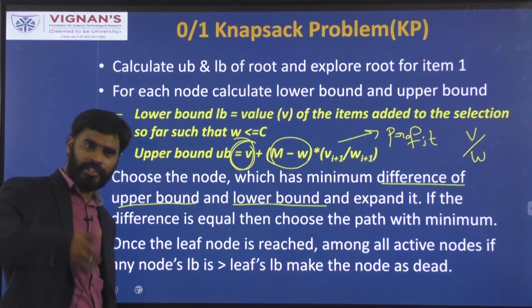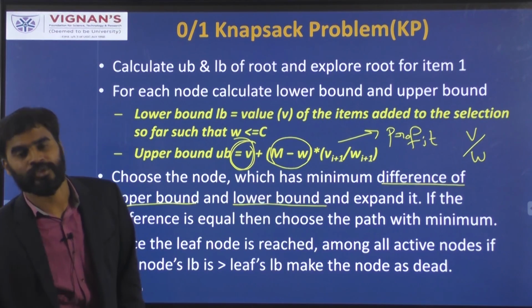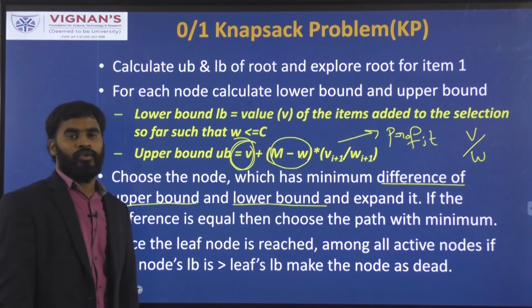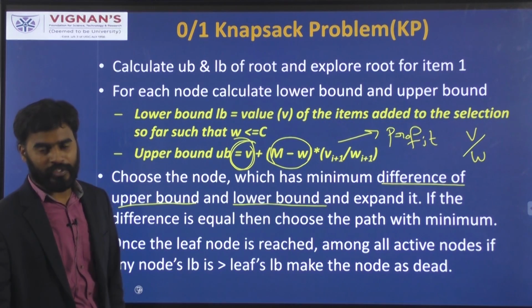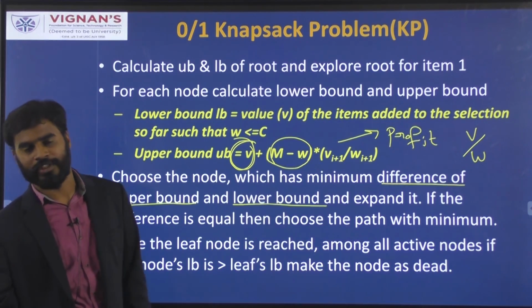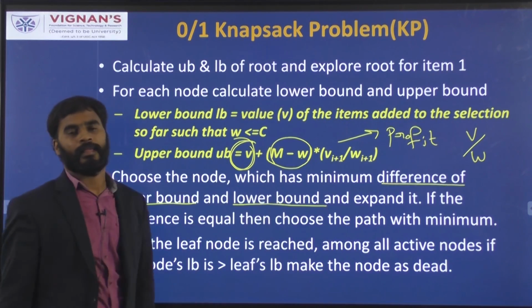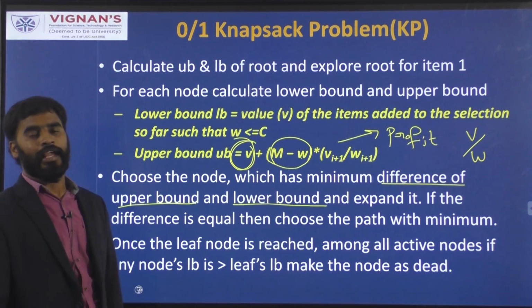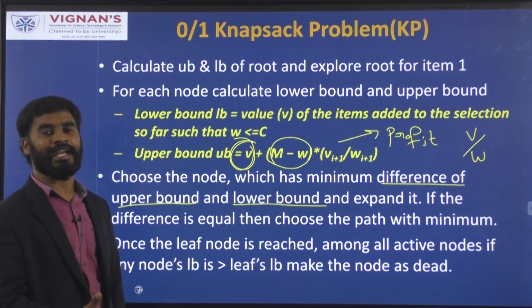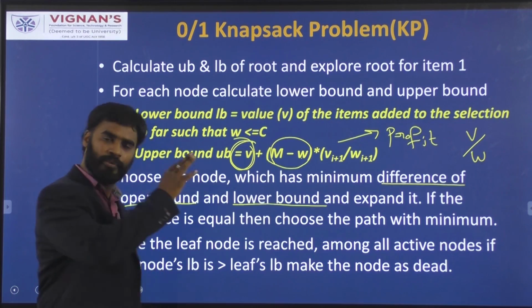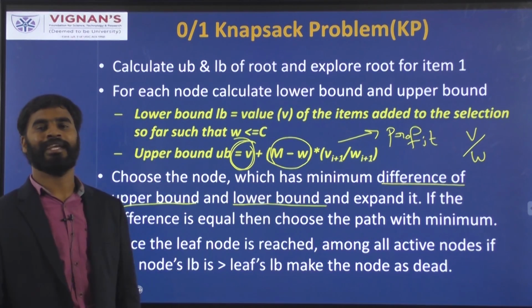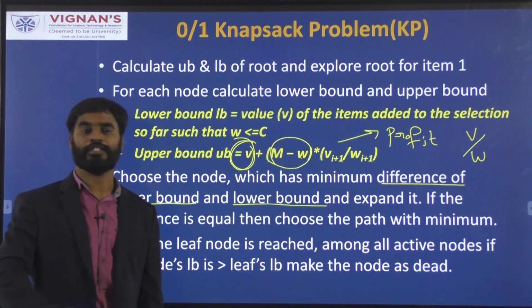Keep doing that until there are no more items to add. When you reach the end, check the upper bound of that leaf node against all other live nodes. If any live node's upper bound is greater than the leaf node's, prune that node. That means it will not give the optimal or a feasible solution.